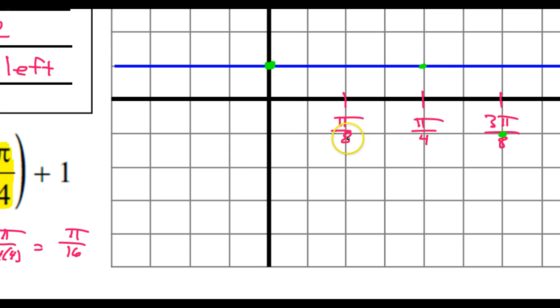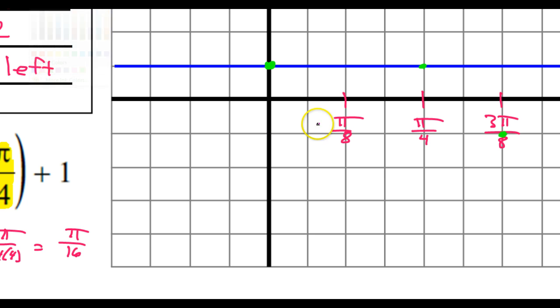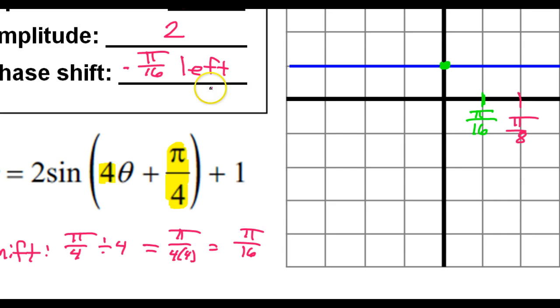Well, look, there's pi over 8 right there, so guess what? Pi over 16 is going to be right here. This is pi over 16. So that means pi over 16 is 1 square.